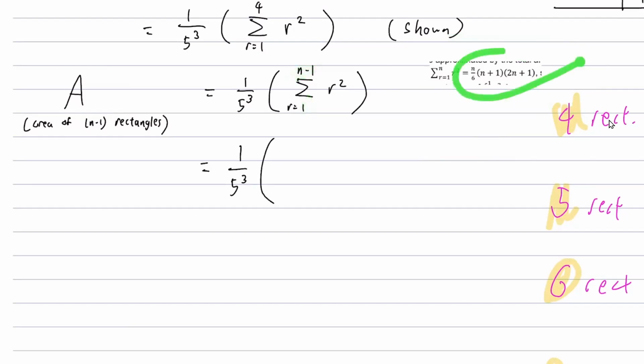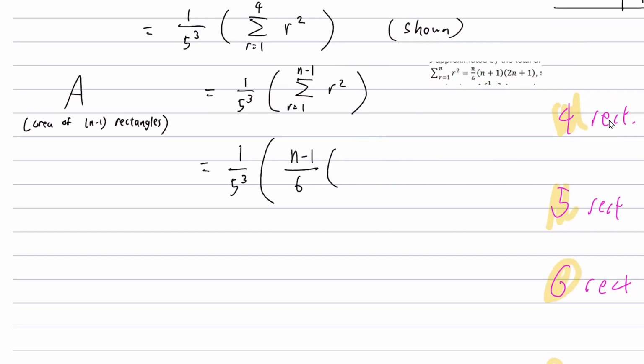How do you use the formula? The n is now replaced with what? N minus 1. So r square still remains as r square. So all we need to do is to replace everywhere that we see an n with n minus 1. So now it becomes n minus 1 over 6 times what? Everywhere that you see an n, replace with n minus 1.